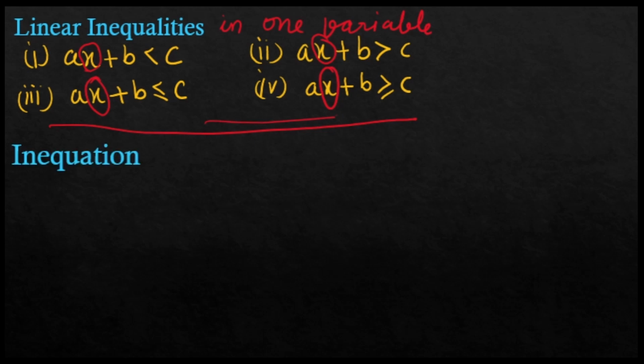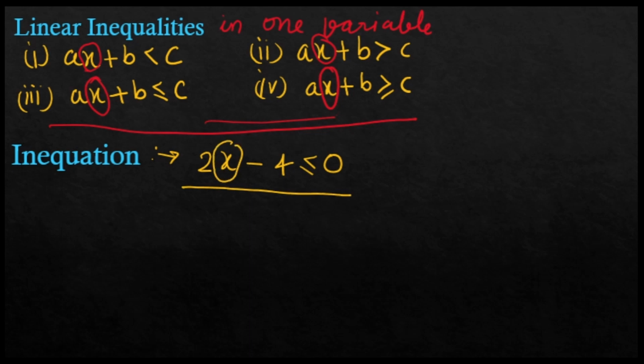So let us know more about inequation. What is an inequation? Earlier I showed you this example, 2x minus 4, inequality sign, 0. A statement involving a variable, that is our x, and the sign of inequality, whether this or this, is called an inequation or an inequality.